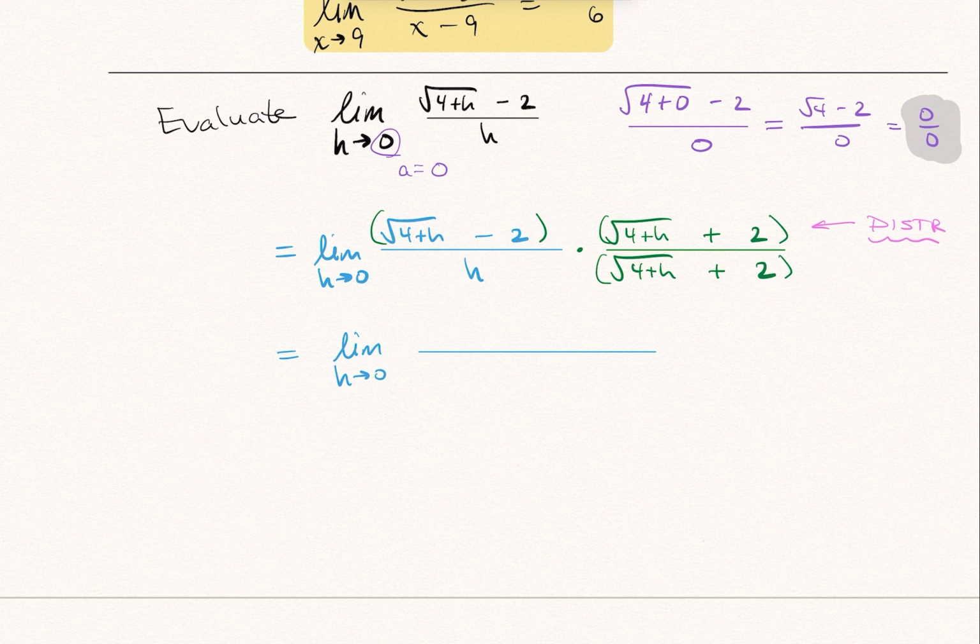So as we had in the last example, we end up with the square root squared. So make sure you keep that 4 plus h together inside the radical. Then we get 2 of those radicals.